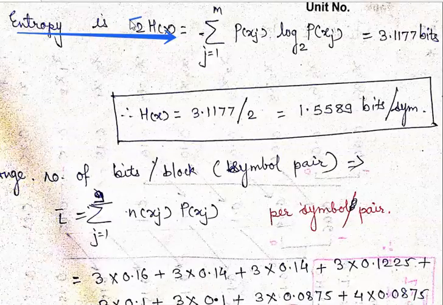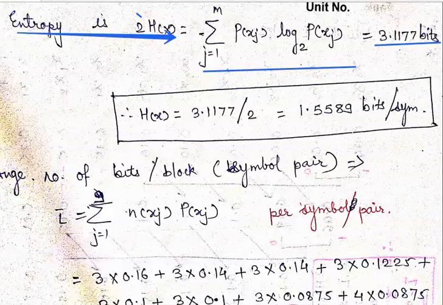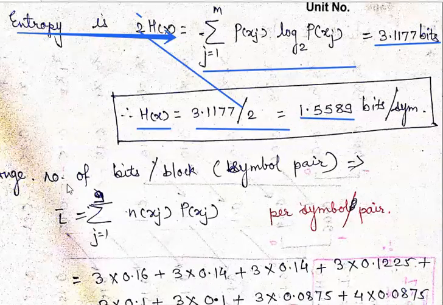Because we are combining two messages here, that's why it is written as 2 times H(x). The rest of the formula is the same. Using this pair of probabilities, you will get the answer as 3.1177 bits. But divided by 2, since we need to obtain only H(x), this 2 will come to the downward side. So the value for H(x) will be 1.5589.